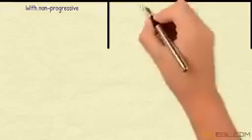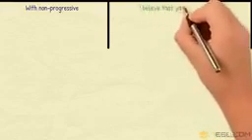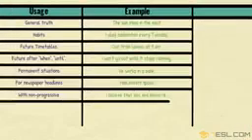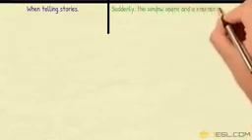For newspaper headlines. Man enters space. With non-progressive verbs. I believe that you are innocent. When telling stories. Suddenly, the window opens and a masked man enters.